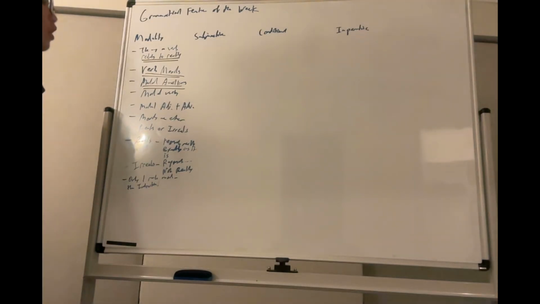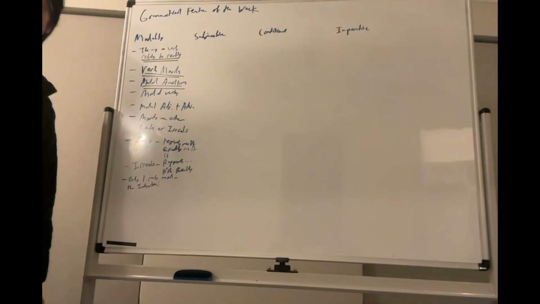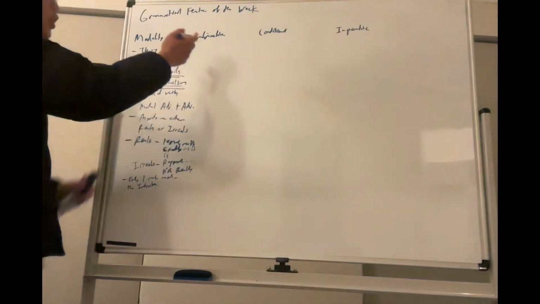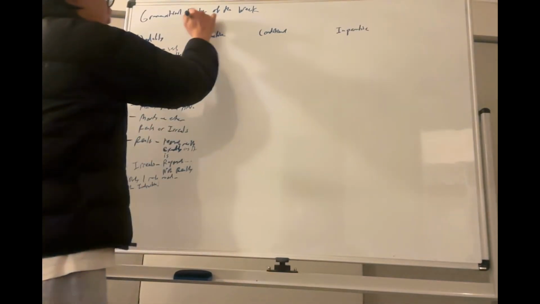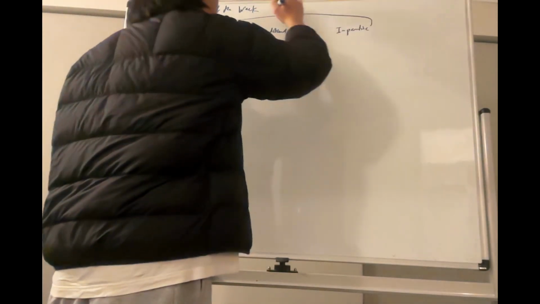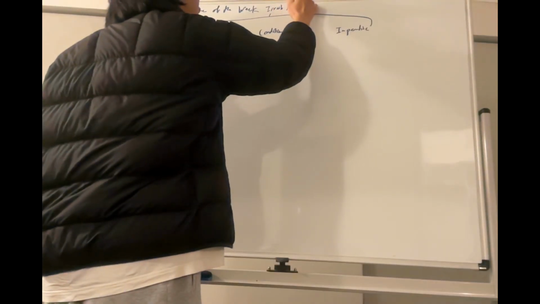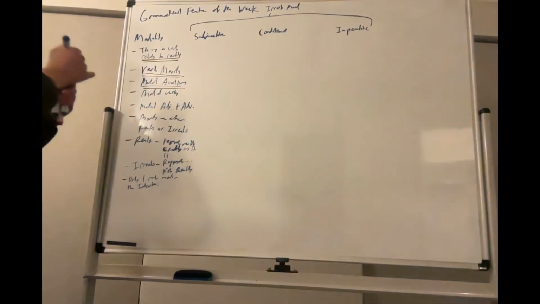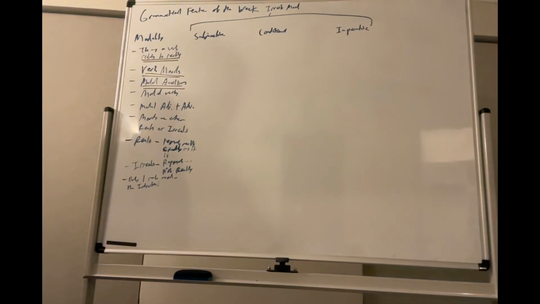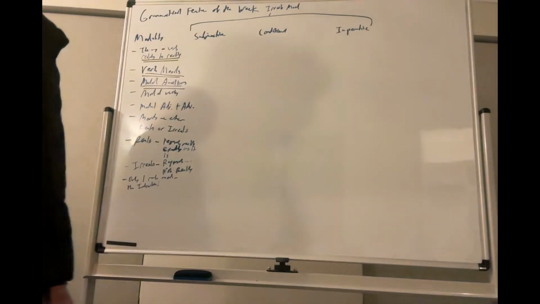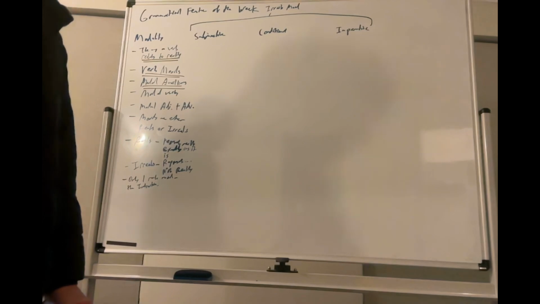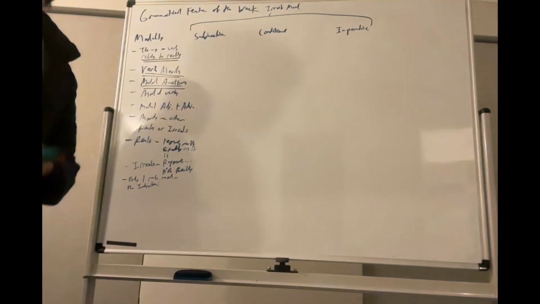So, what the hell is a subjunctive? All 3 of these are irrealist moods, by the way. English has 3 irrealist moods, as you can see.